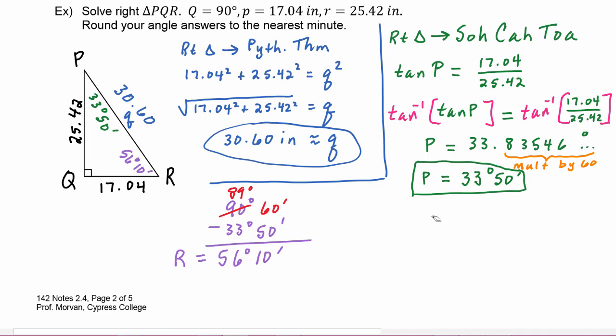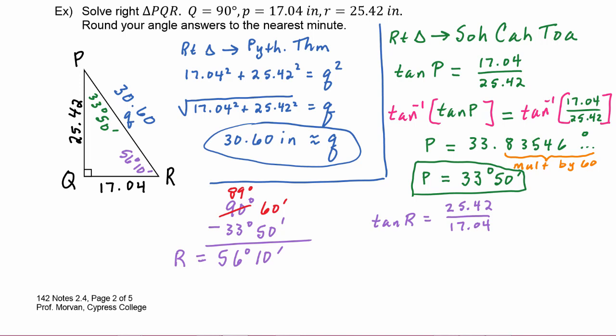But as I said, if you feel very confident in this answer for angle P, which we do, we know we did that correctly, then we can go ahead and subtract from 90 to find angle R. If you did elect to use the tangent function, you would have said tangent of R is going to equal 25.42 divided by 17.04. We know that we have to take the tangent inverse of both sides.